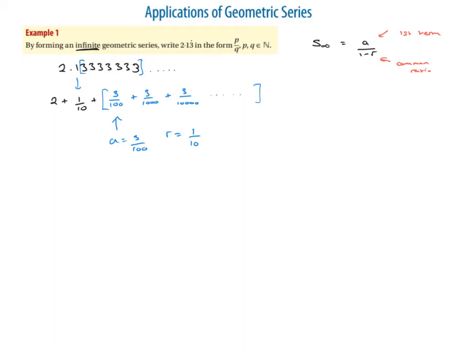From there, guys, all I now need to do is stick that into my formula. On the right hand side, which is up here, I've got my a, I've got my r, and now I'm just going to work out what's going on here.